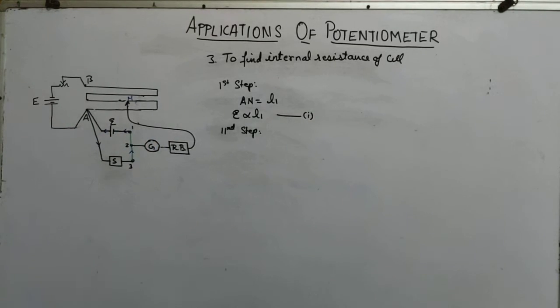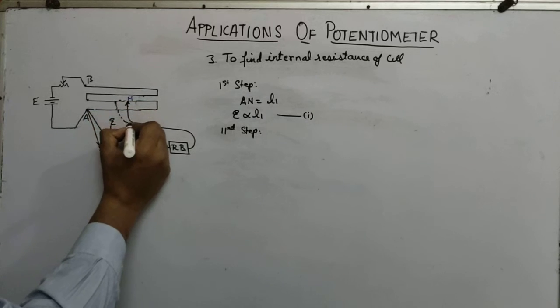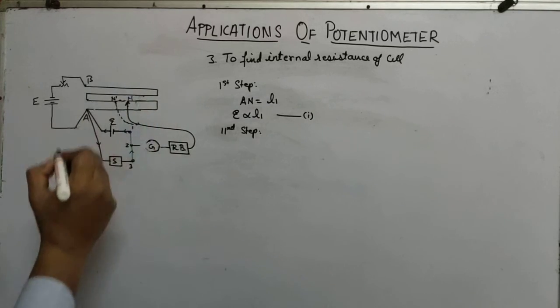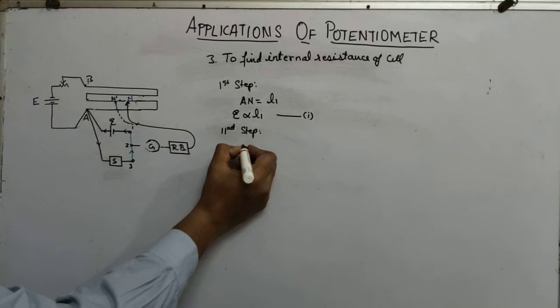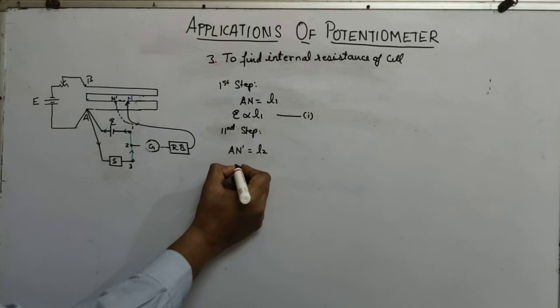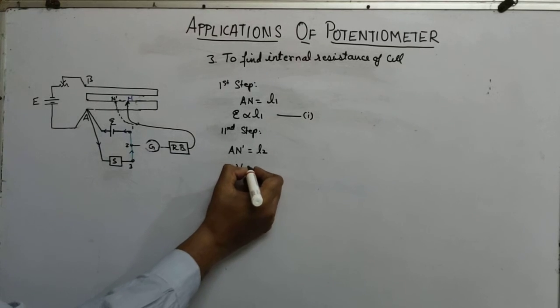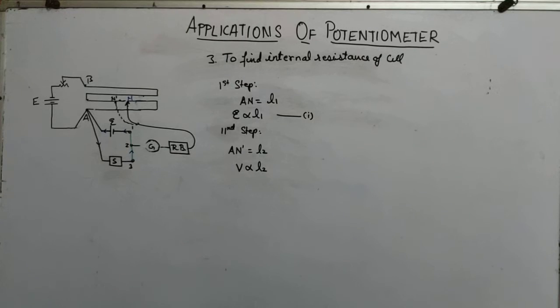Now when I find the null point, this time the null point obviously will not be N, it will be say over here. Say we get the new null point as N dash. So this time AN dash, which is L2, will be directly proportional to the terminal potential difference.